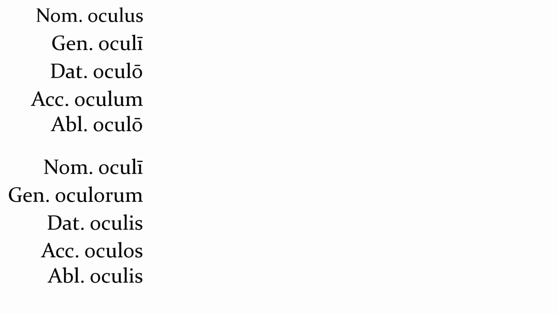Now let's try the word oculus. Oculus is an eye. So if I want to say meo oculo video, it means I see. Okay, so I see meo oculo. Well, oculo is in the ablative case. Actually, meo is also. Drop the us, add o, o. There it is. So we know it's going to be by or with an eye.